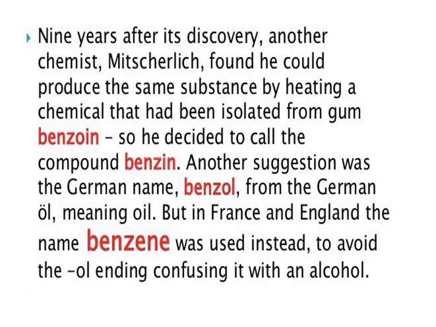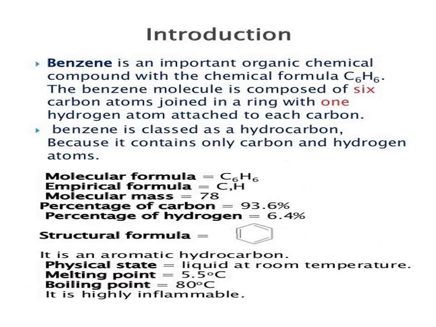So benzene is a chemical compound with molecular formula C6H6. It has 6 carbon atoms joined in a ring with one hydrogen atom attached to each carbon. Benzene is classed as a hydrocarbon because it contains only carbon and hydrogen atoms.